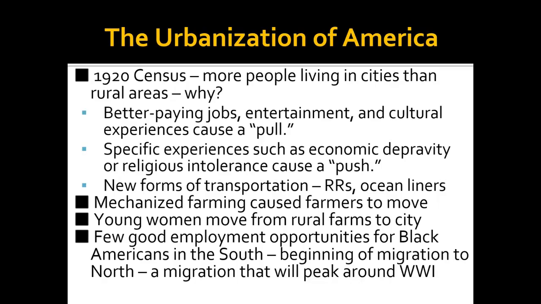You also have a great deal of pushes, and in some cases this might be discrimination, such as what's happening in the Jim Crow South. So we might get people from the southern part of the United States who move to cities like Philadelphia or Newark, New Jersey, or New York City.